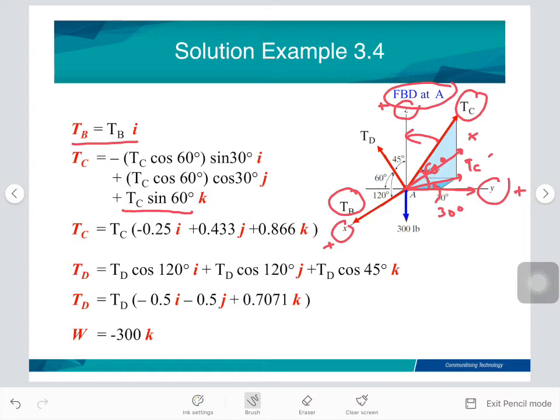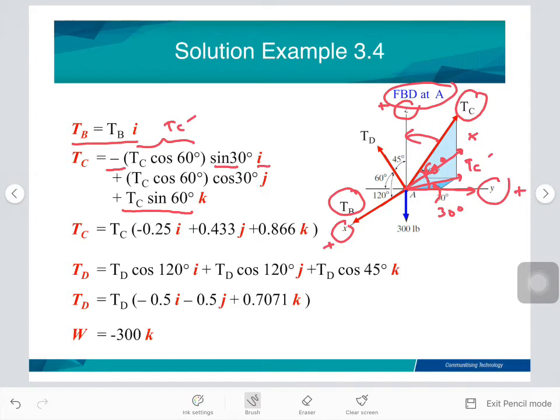TC prime is TC cos 60. Now you have resolved TC prime. TC prime to the x: this x is negative, so we have negative TC prime sine 30 i.